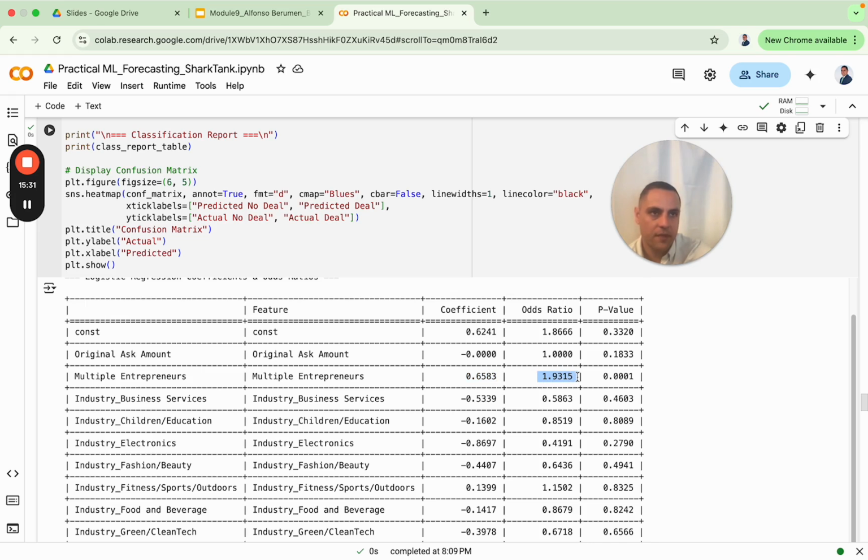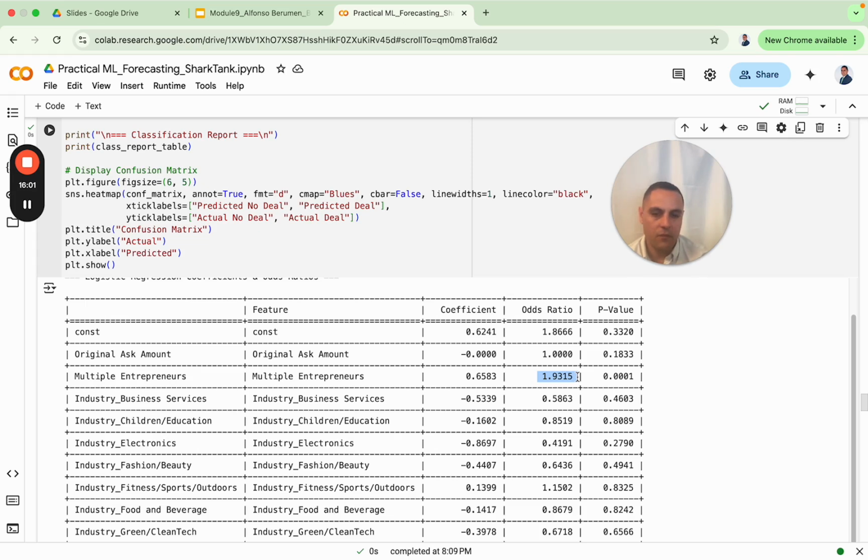And the way we'd actually think about this is the odds of getting a deal are about 93% higher compared to single entrepreneur startups, right? So the multiple entrepreneurs flag or indicator suggests to us that there's 93% higher odds of getting a deal when compared to single entrepreneur startups.